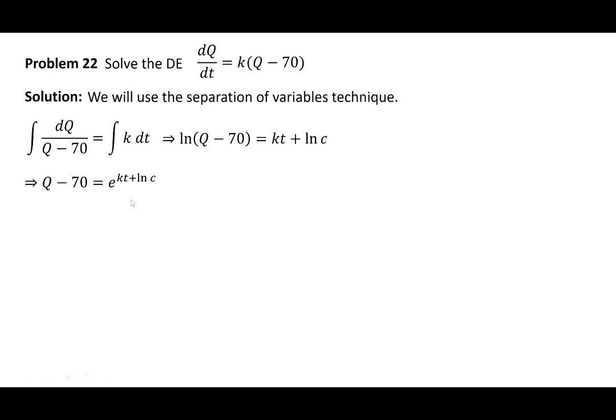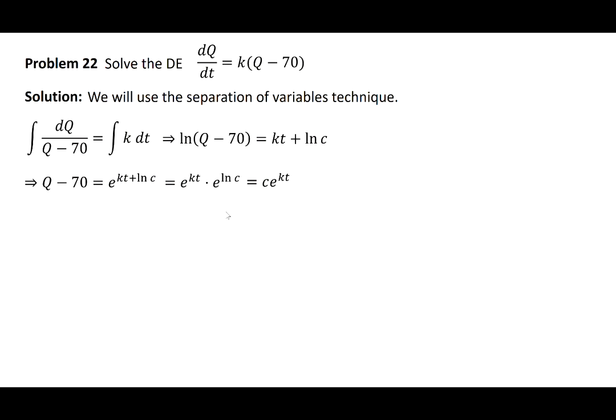How'd you get that, man? Well, can I write this as e to the kt times e to the natural log of C? When I do that, do we recognize that e to the natural log of C is nothing but just C? That's the idea.